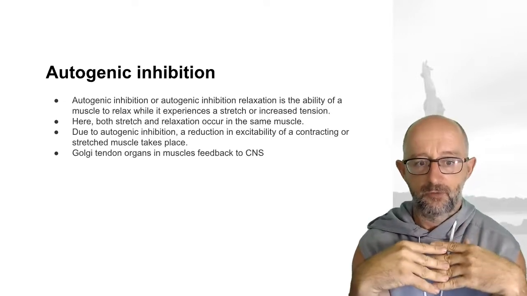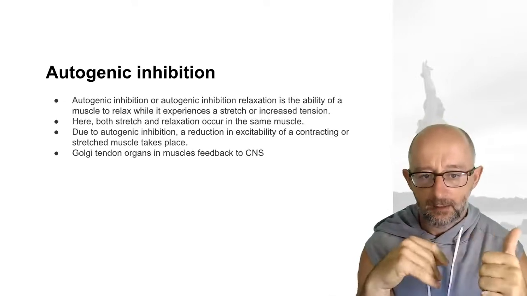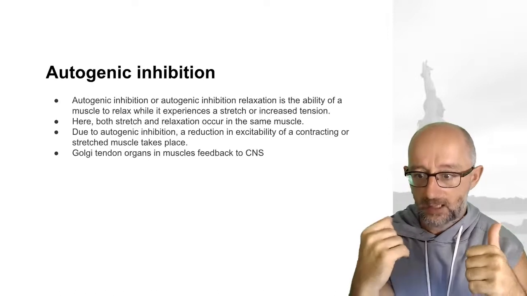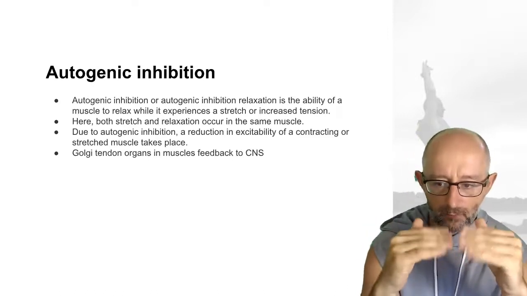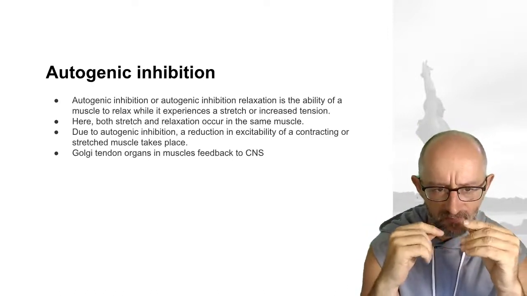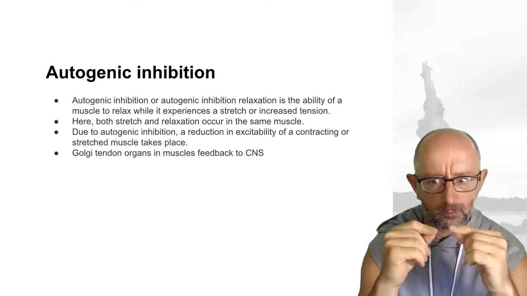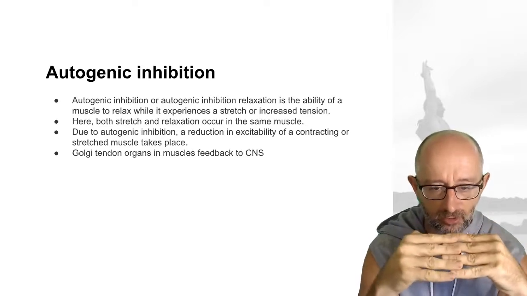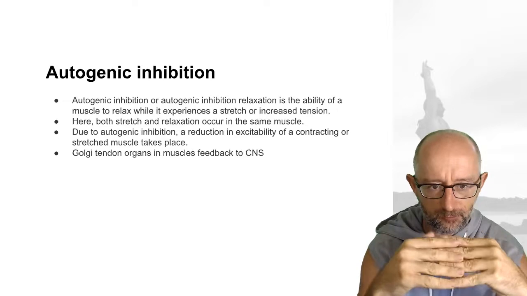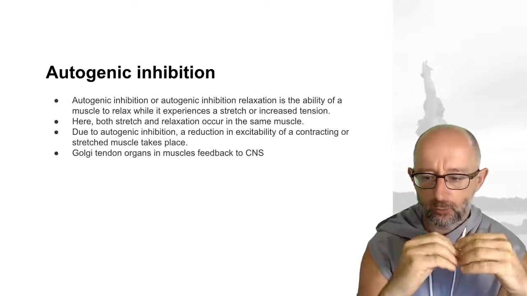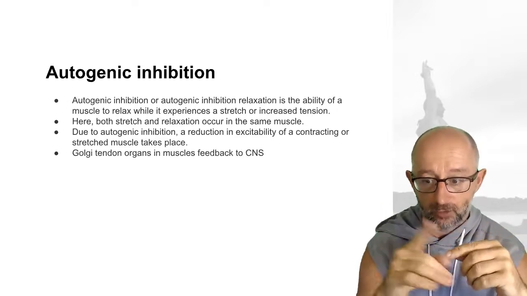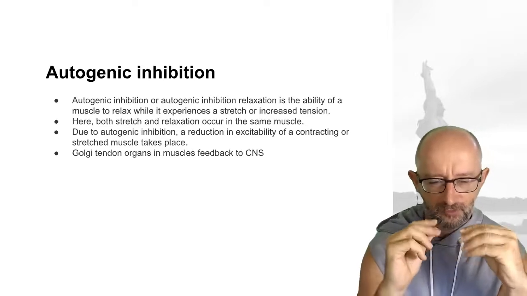Okay. So when we automatically relax or inhibit, what the body's doing is really fine-tuning the modulation of how much tension, how much contraction of each individual muscle is required to do the job. Not too much, not too little, just enough. It's kind of like this Special K rule.